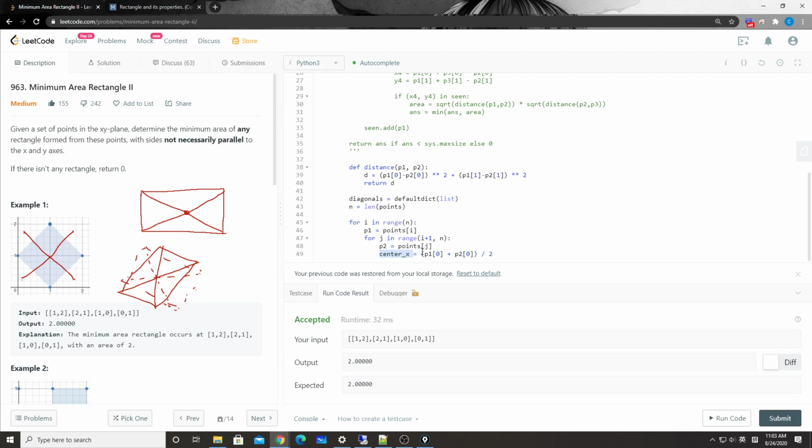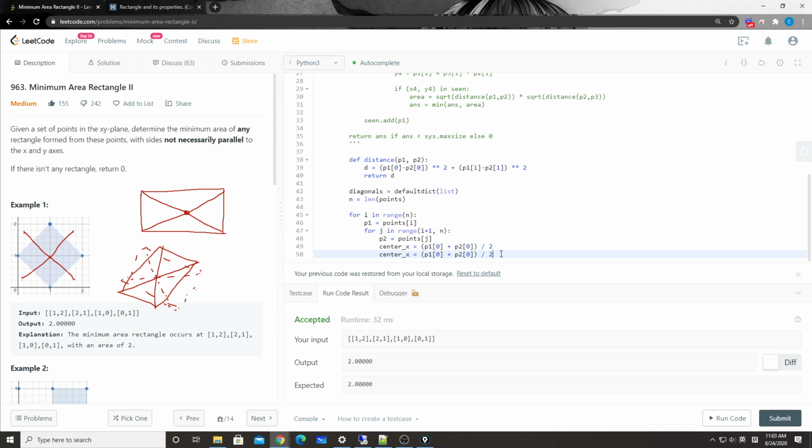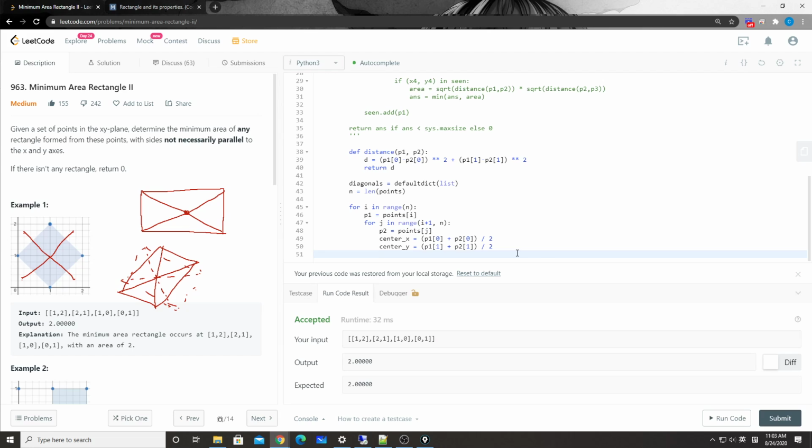Okay, same thing for the center y here, right? So for center y, we have P1 1 plus P2 1 divided by 2. Okay. Now the distance, or the length. We can call it the length. The length is the basic distance between P1 and P2.